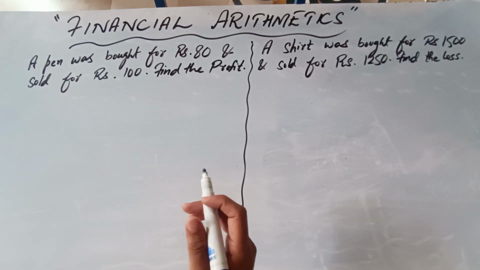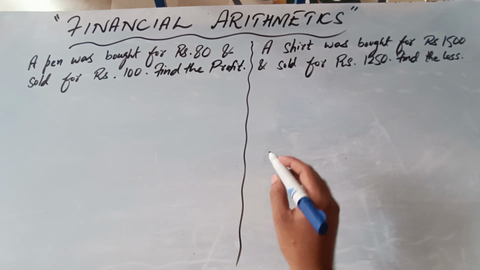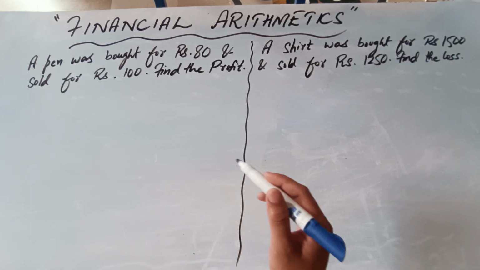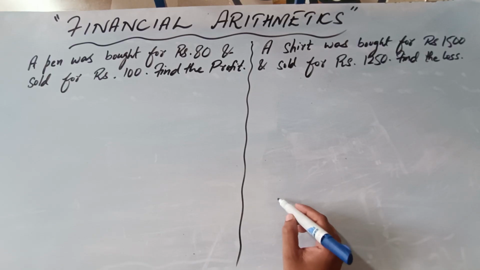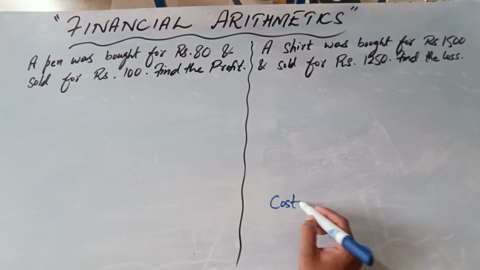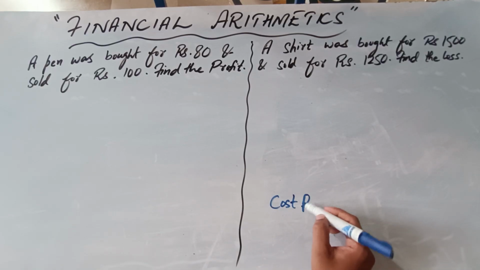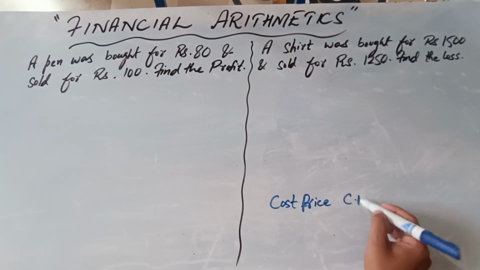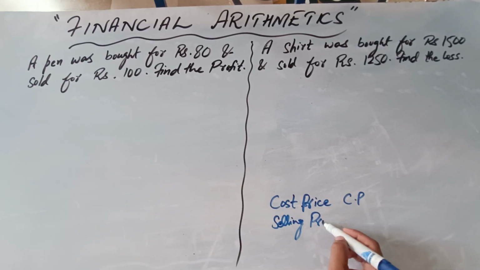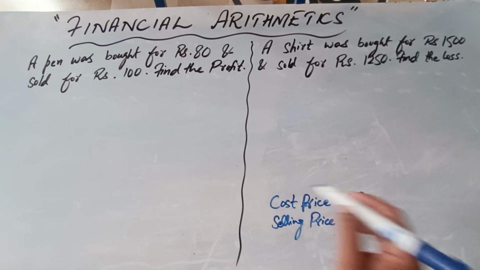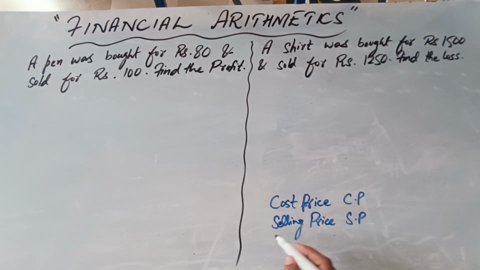I hope many of you must know that the price at which a particular thing is bought is called cost price. So there are a few terminologies. Cost price, we will write it as CP. Selling price can be written as SP, and discount.